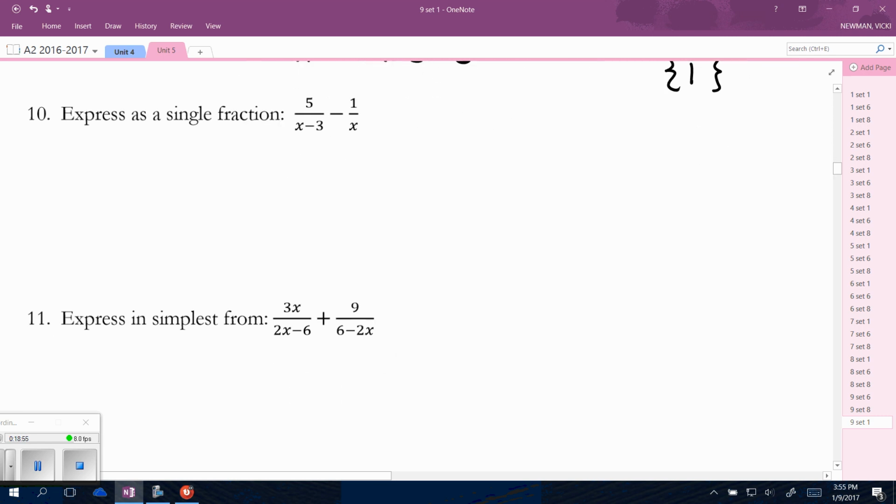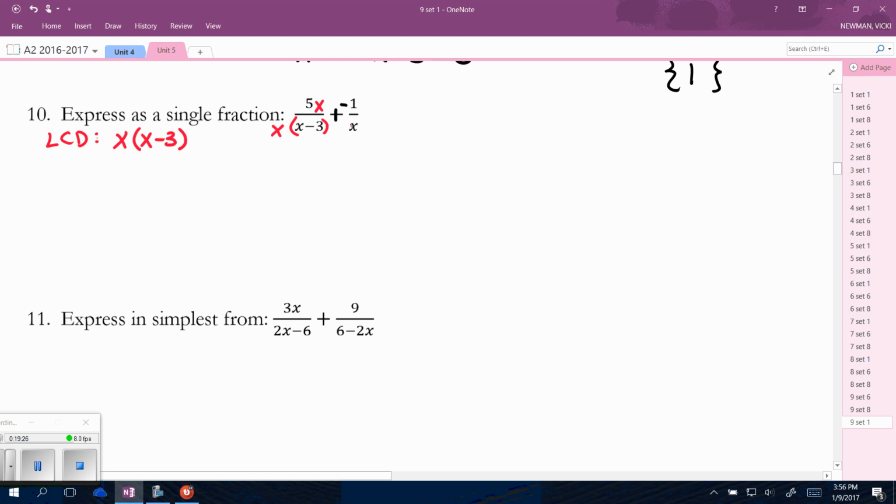Okay, number 10. No matter who you are, we do this the same way. So first of all, this minus business between these two things, no, just make it plus negative. Then you won't forget to distribute. The least common denominator for number 10 is x times (x minus 3). So the 5 over x minus 3 needs an x in the bottom and on the top.